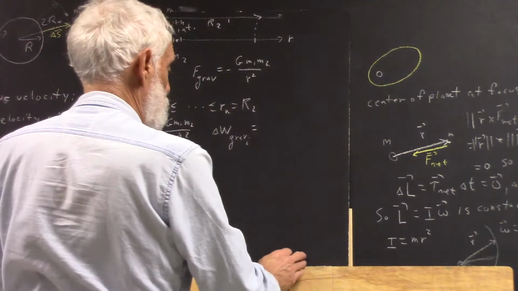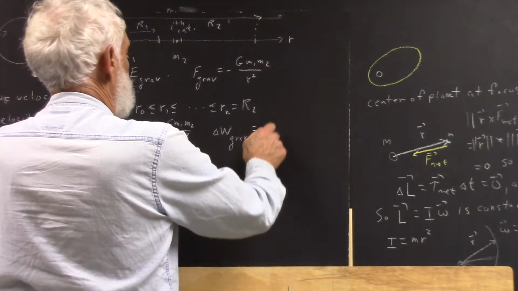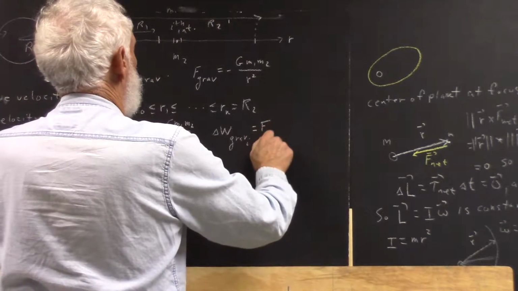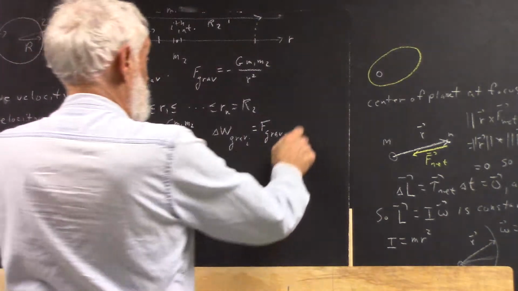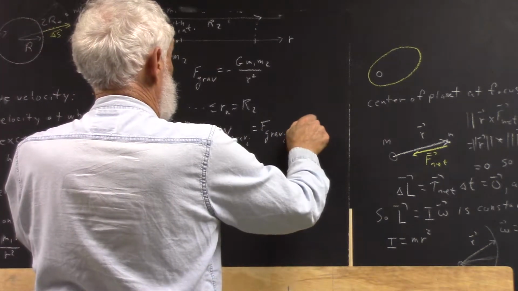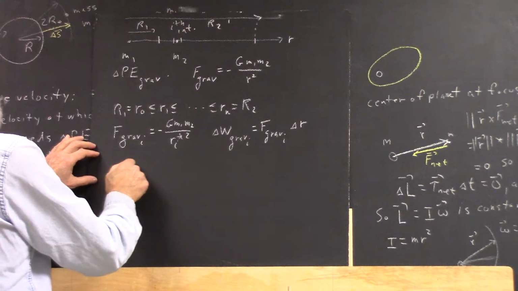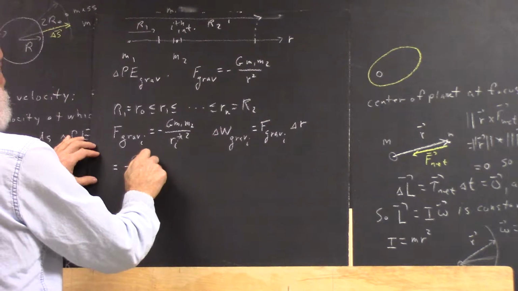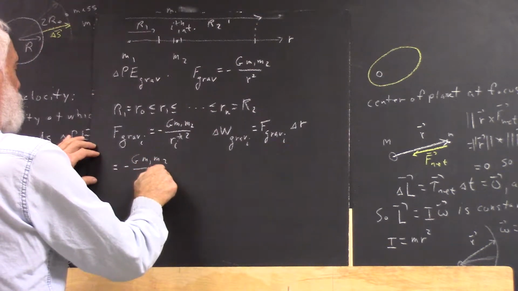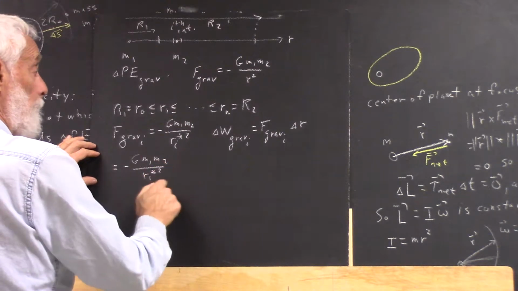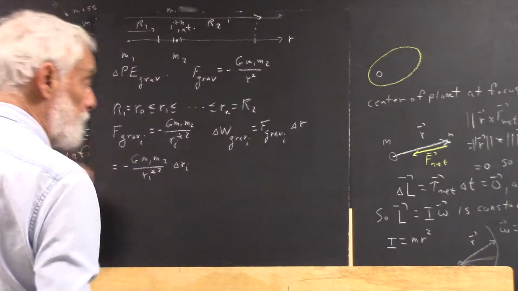The work done by the gravitational force on the ith interval is the force of gravity on that interval times the delta r on that interval. And that equals negative big G m1 m2 over r sub i star squared times delta r sub i.